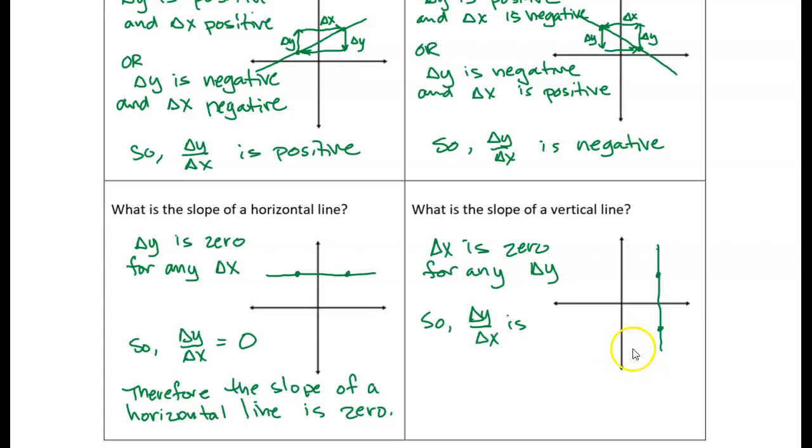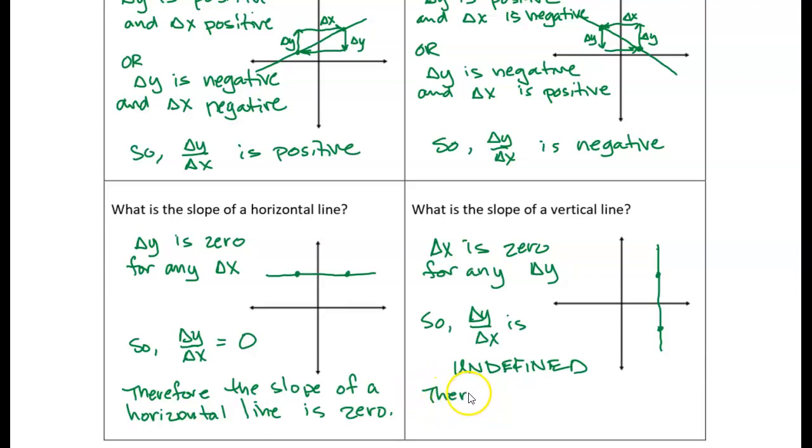You cannot do it. You can sneak up on it, but you cannot divide by 0. Okay, so the slope is undefined. So if you have a vertical line, the slope is undefined.